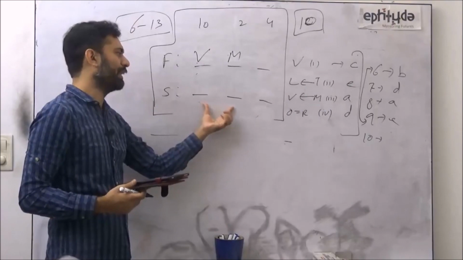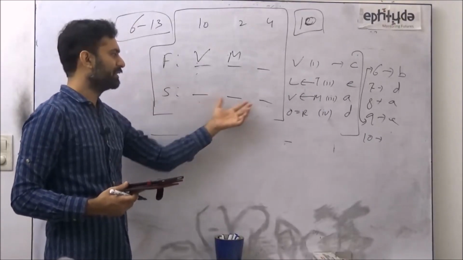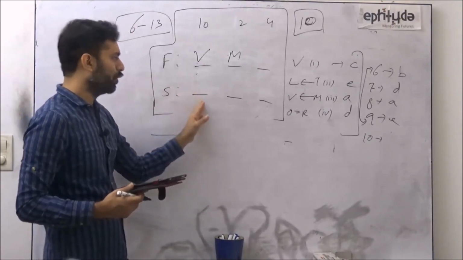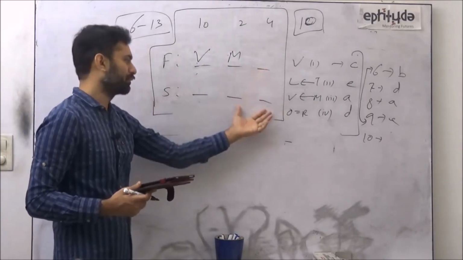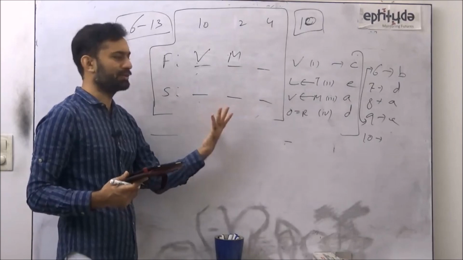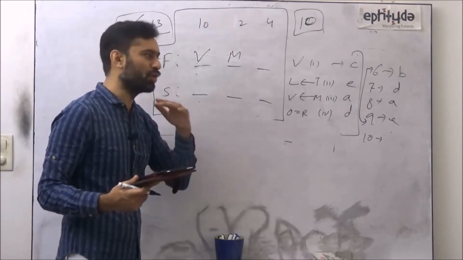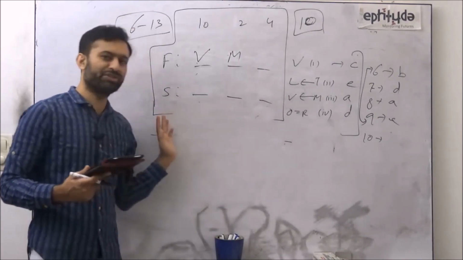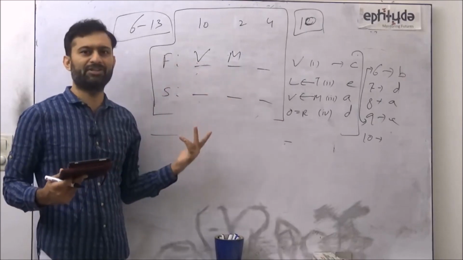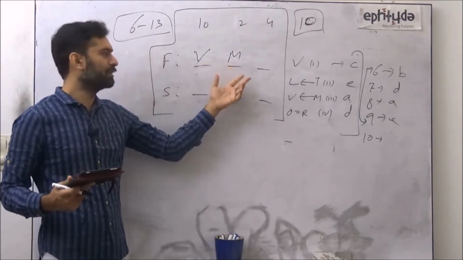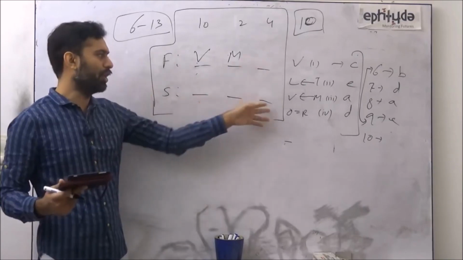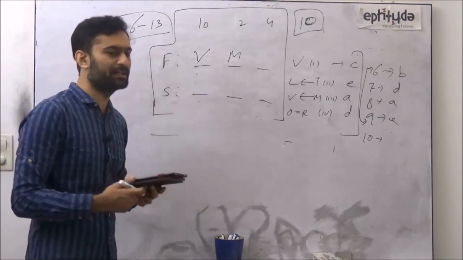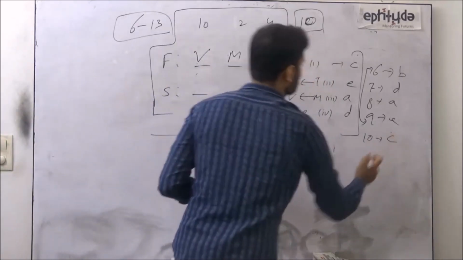O and R can come anywhere here, T will come here and L has to go there. The combination between O, R, T is not something we should invest our time in, do not waste your time in getting the positions. All I know is this is a feasible condition. You got V here, you got M here, you will get O and R here, and you get T here and L here. Do not make the cases. We've got the answer. 10th, the answer is C.